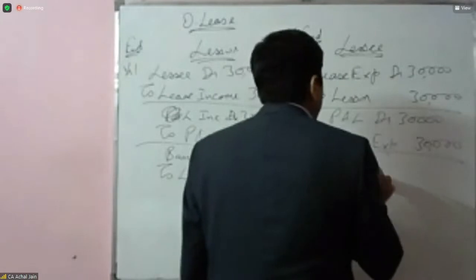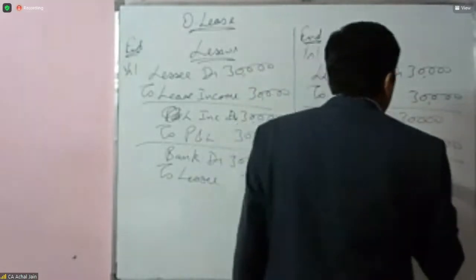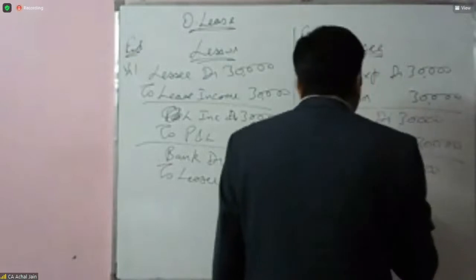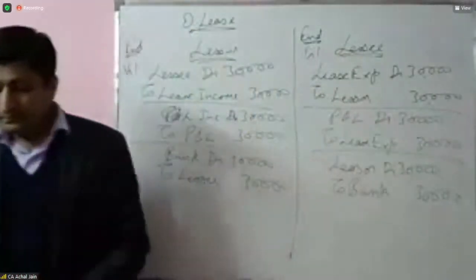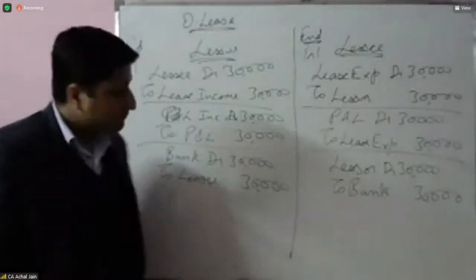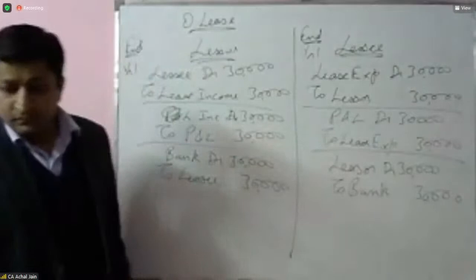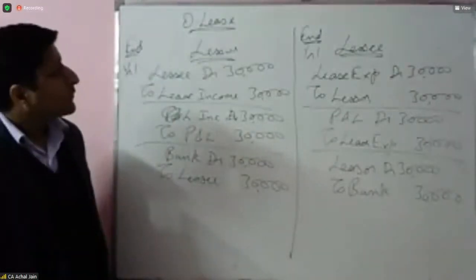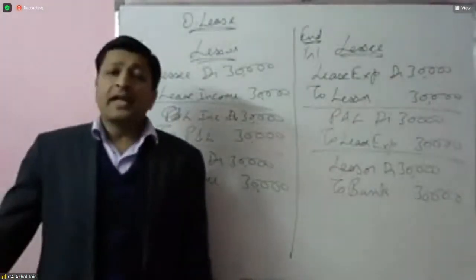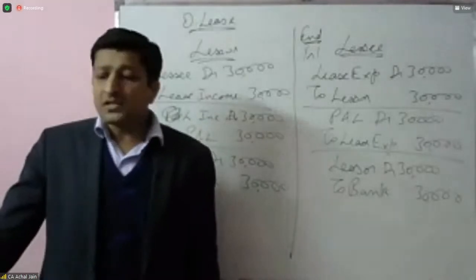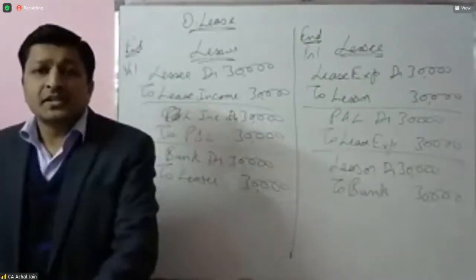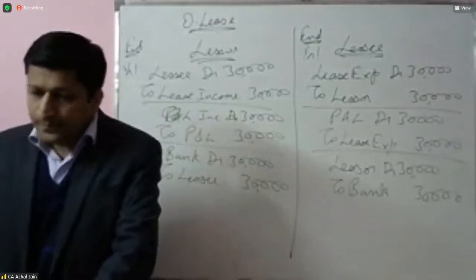And the lessor will be paid, 30,000 to bank, 30,000. Clear? So this is how accounting entries will be passed in case the lease is an operating lease.